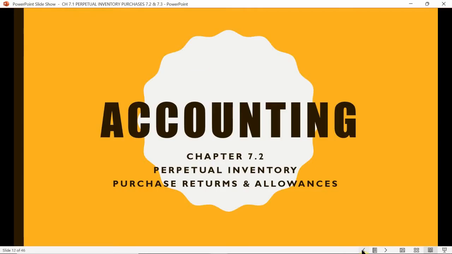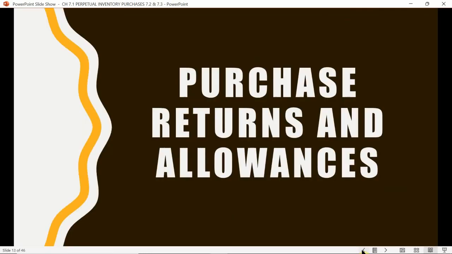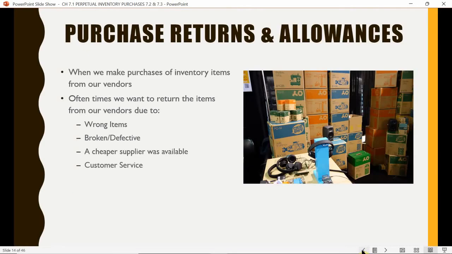Okay. All right, 7.2. Well, of course, if we have the means to purchase our items, we also have a means to return our items as well. There are many reasons why you would need to return a purchased item: it is the wrong color, wrong order, wrong item, or they simply broke it, or something happened during shipping and they lost a few items.